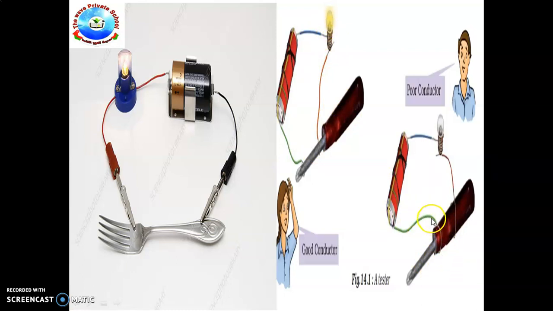In the next picture the connectors coming from the battery and the light are connected to the plastic handle of the screwdriver. Here you cannot see the light bulb lit, that means the light cannot come on. Why? Because the handle is made of plastic, not metal. That means it is a poor conductor, so this is not a metal.